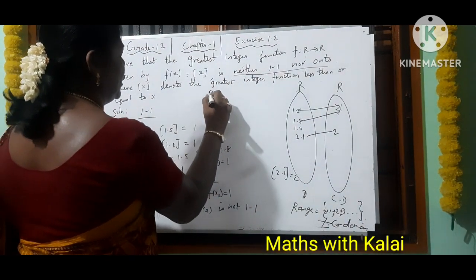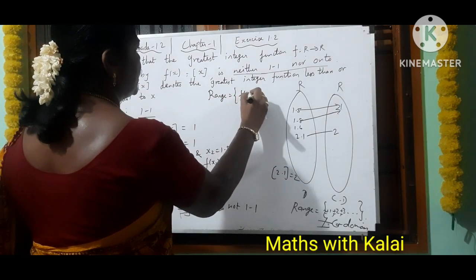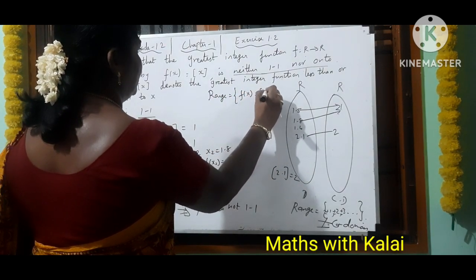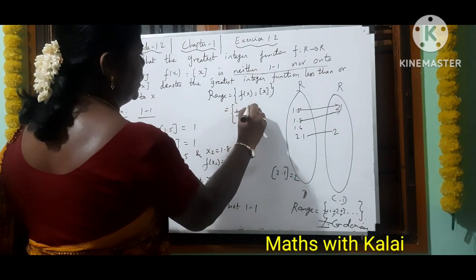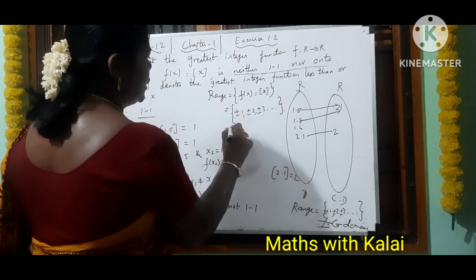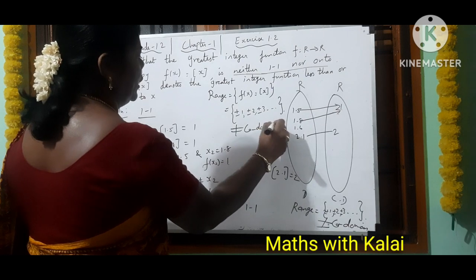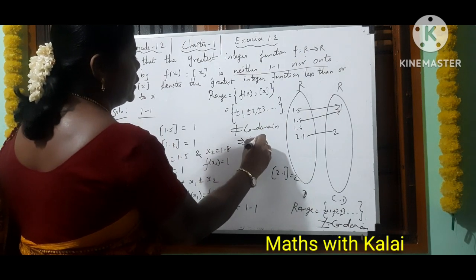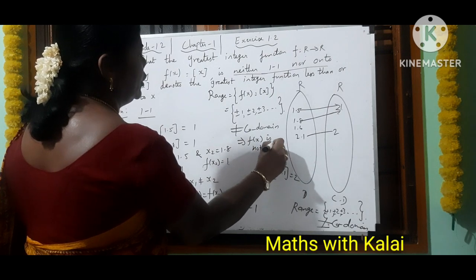So by definition, the range for the given function f of x equal to the greatest integer function of x will be integers like plus or minus 1, plus or minus 2, plus or minus 3, etc. It will go like this, but that is not equal to the codomain. Range is not equal to codomain, therefore f of x is not onto. So the given function is not an onto function.